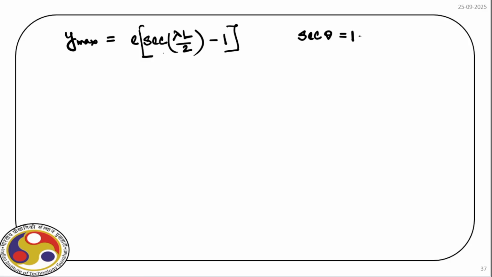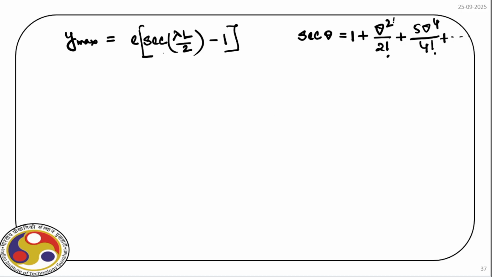So we have 1 plus theta square divided by 2 factorial plus 5 theta to the power 4 divided by 4 factorial and so on.